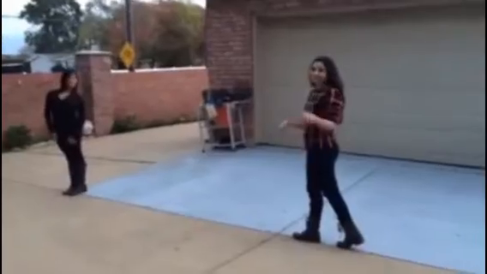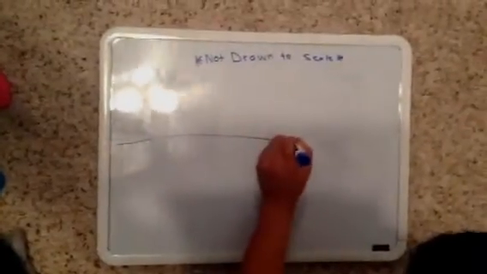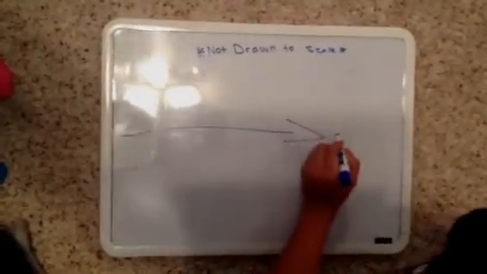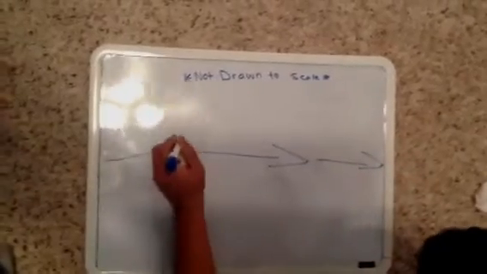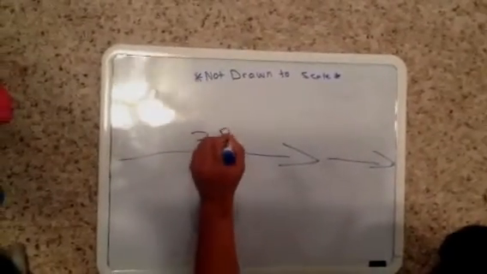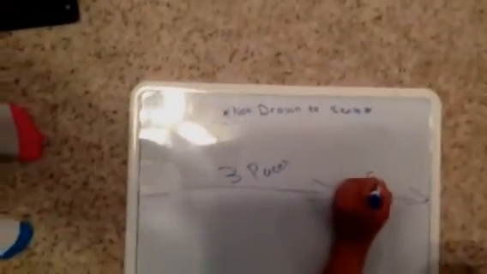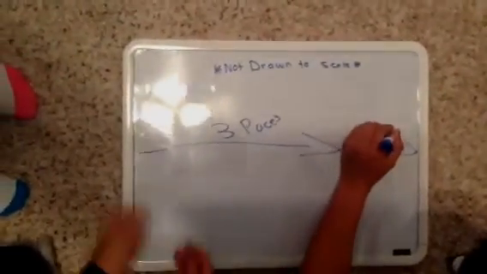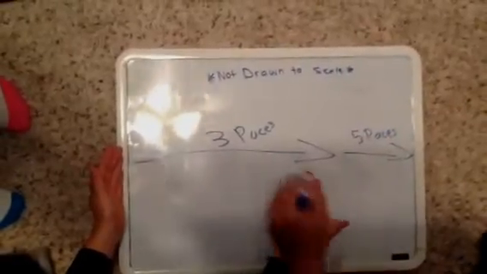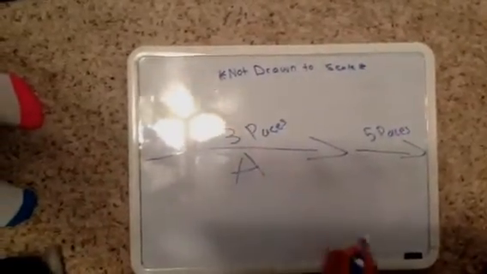3, 4, 5. In this example, we will have two vectors that will face the same direction. This is not drawn to scale, so please pay attention to the words that I'm about to say. Our vector A, represented by this, is 3 paces.